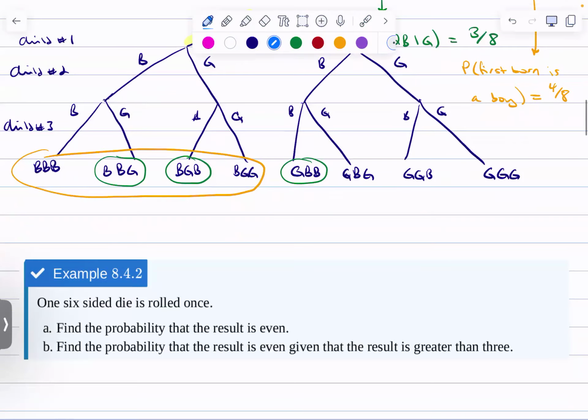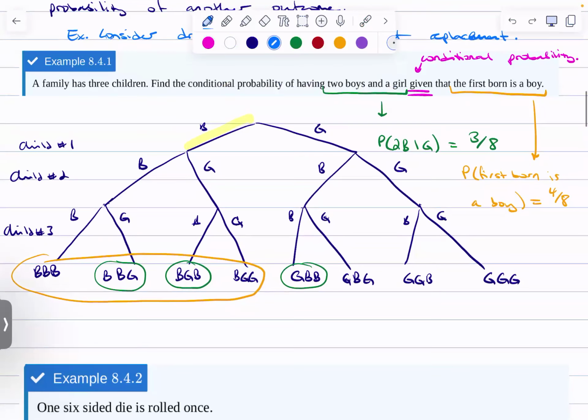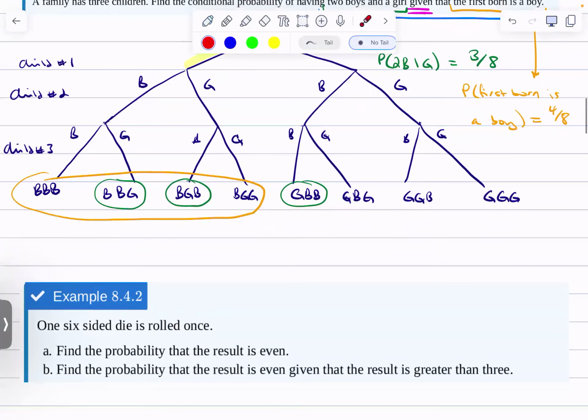We want to find the probability of 2 boys and a girl given that the firstborn is a boy. And so now I'm restricted to this as being my sample space. I only have 4 things and 2 outcomes satisfy the criteria.